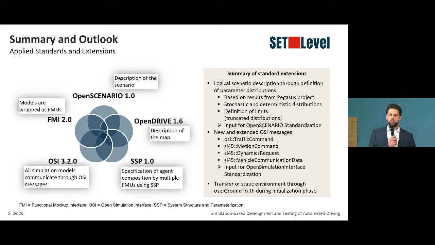Here also we have made a lot of extensions by creating new messages or extending existing messages, and all of that is also something that already is or will go back to the ASAM standardization activities. Also with the OSI messages, we introduced a new way of using a ground truth message to initialize models upfront to the simulation to save performance during the simulation execution.